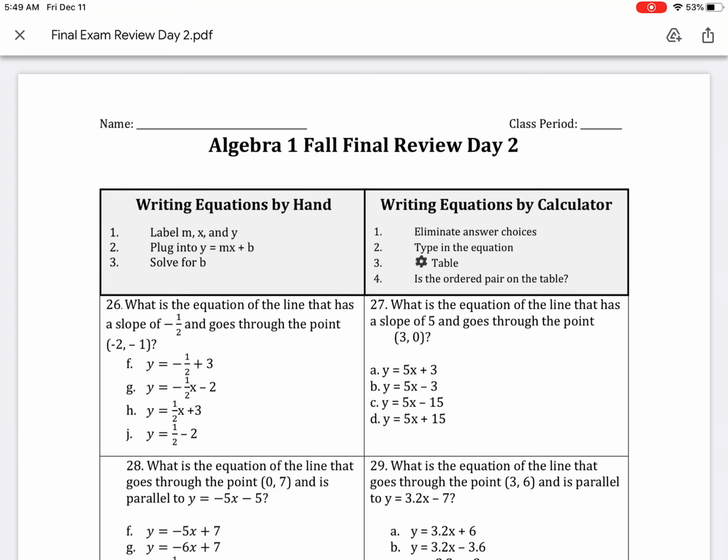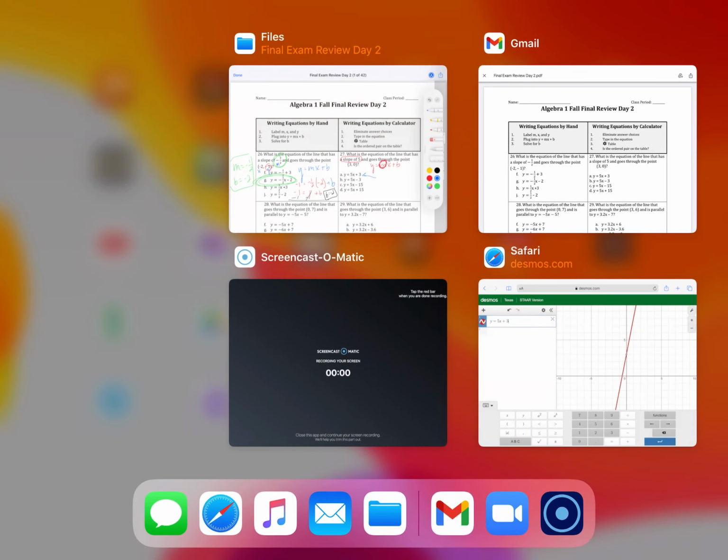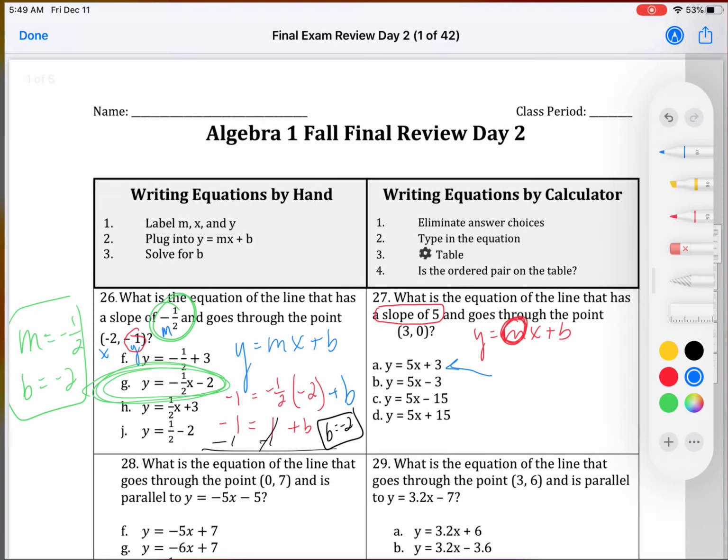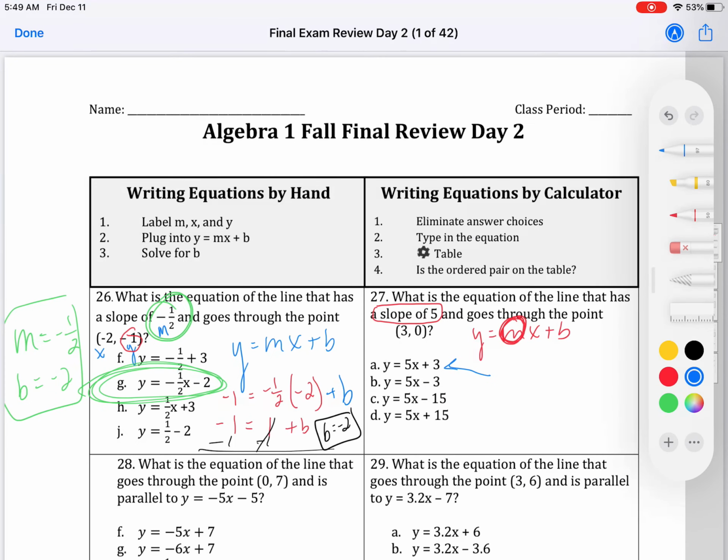And now I'm looking to see if the ordered pair, 3, 0, is on the table. So what it says is type this little button and then click the table button.